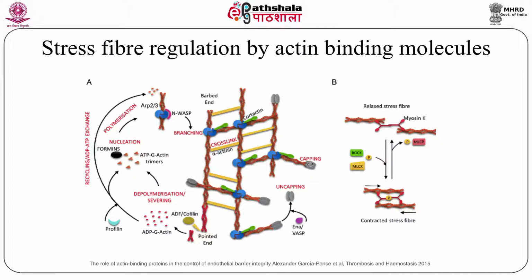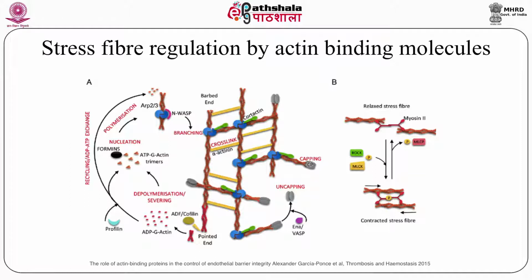Now coming to the B part of this picture. Actin filaments interact with myosin motor protein to form contractile actomyosin bundles. In stress fibers, non-muscle myosin 2 is present. So you can appreciate the myosin 2 as red color structures and the double helical actin filaments in orange color.